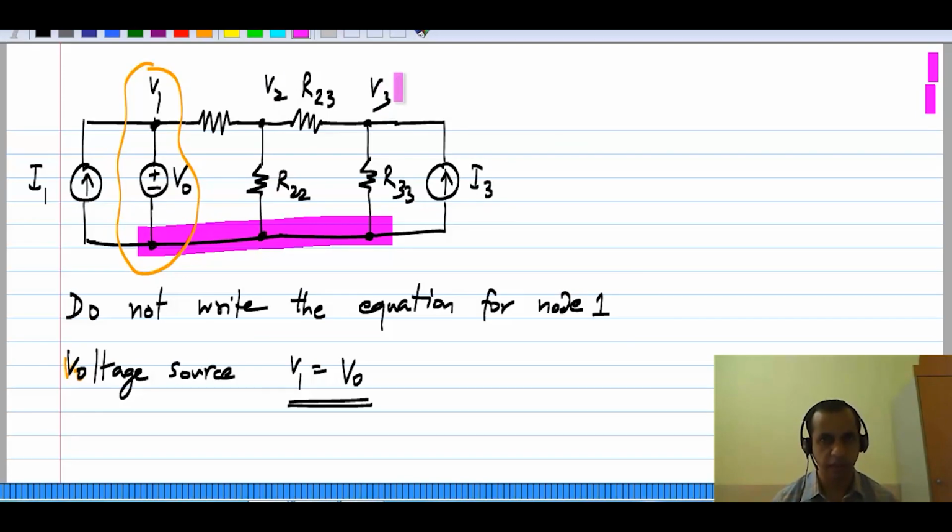So that's all that's there to it. Clearly in this case, when you have a voltage source like this, the voltage at node 1 will be equal to V0. So you don't need to solve for this one. You can take it as a given and solve for the rest of it. Or if you still want to write 3 equations in 3 variables, you would have written it for V2 and V3 and you have this equation V1 equals V0. Either way is perfectly fine.